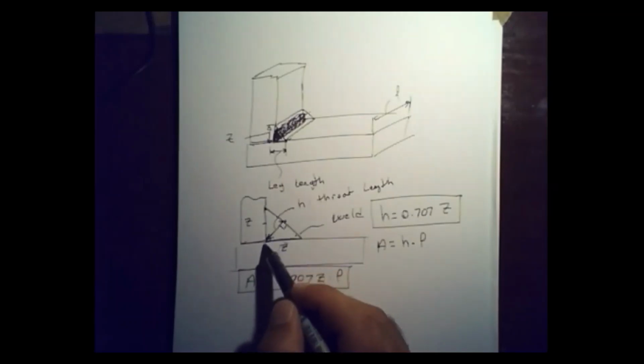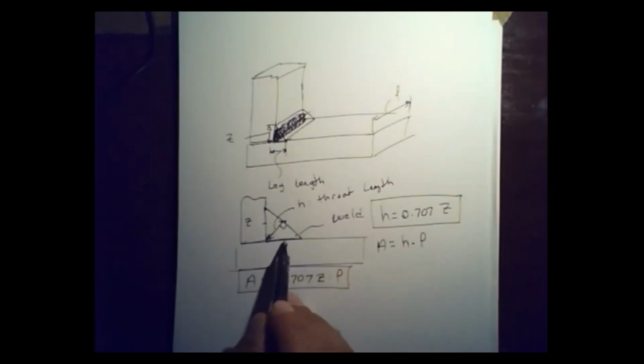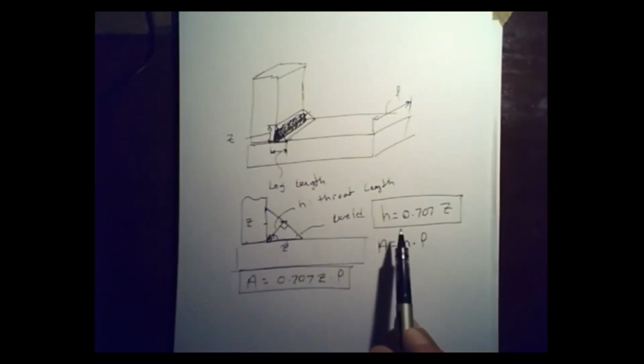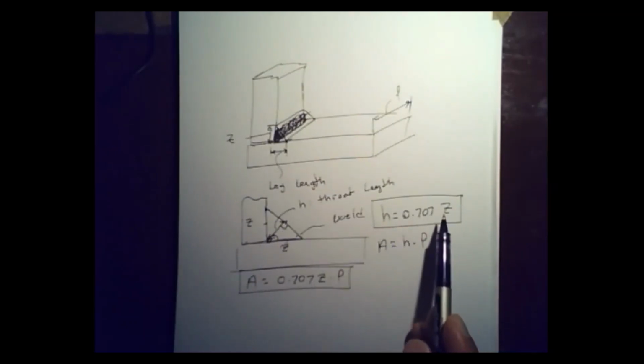The throat length is the shortest distance inside this weld, and because most of the time Z is going to be equal to Z on this end, this angle is going to be 90 degrees, and this one is going to be 45 degrees. So I can get the throat length from the leg length, and the throat length, given by H, is going to be equal to Z times cosine 45, which is 0.707 Z.